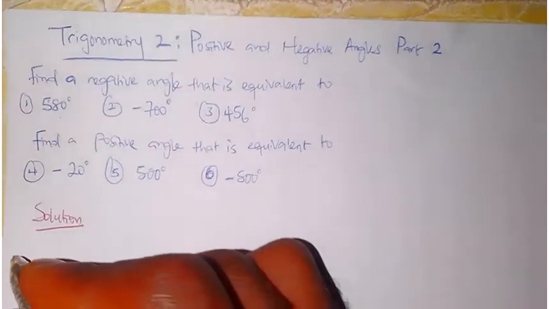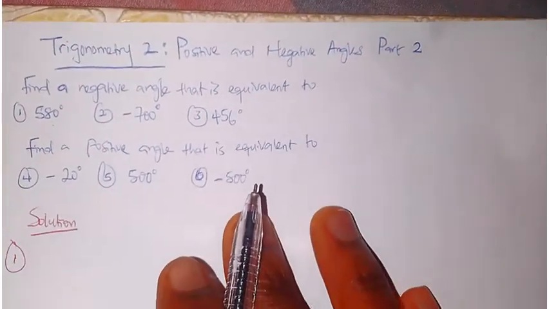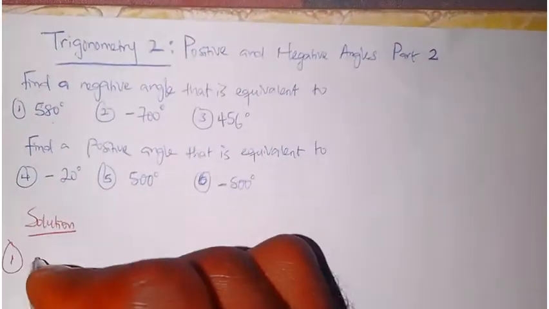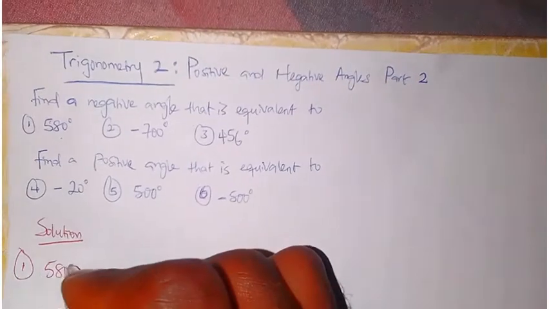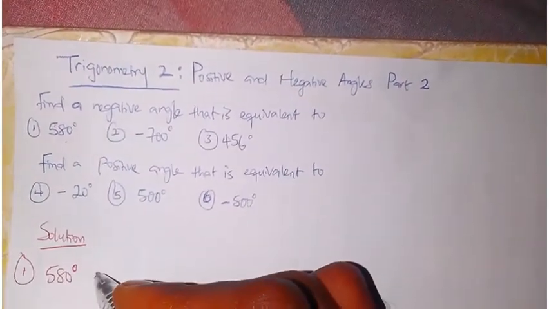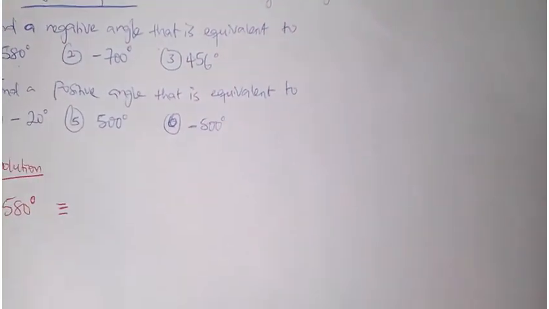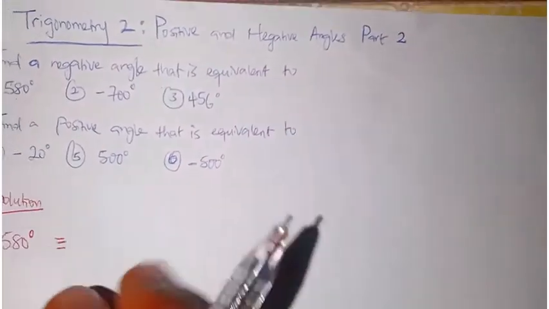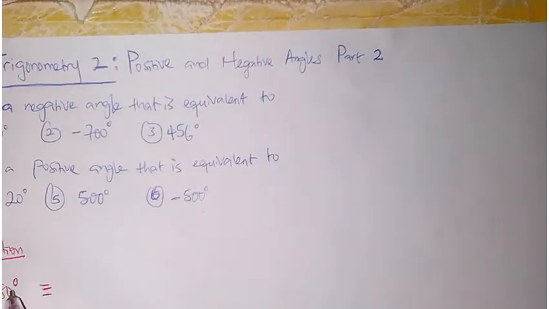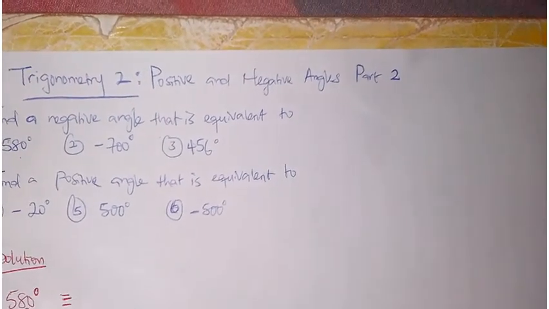For the first set, we have how to find the negative angles that are equivalent to these first three. So we have 580 degrees. To find an equivalent angle is to get the negative value that will give us the same quadrant as 580 degrees.